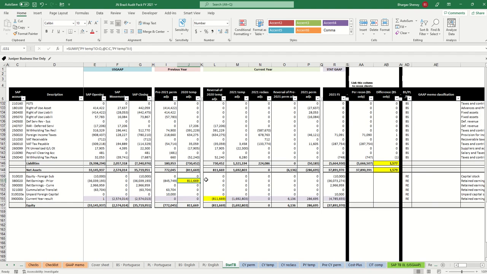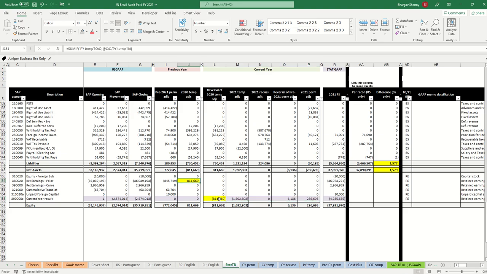So if you see here, this is a very good way of understanding things. I had 811K of entry or equity which got created, or profit or loss, whichever the signage is, because of all the temporary entries, which I have now reversed in the current year. So which becomes a part of current year profit or loss movements.